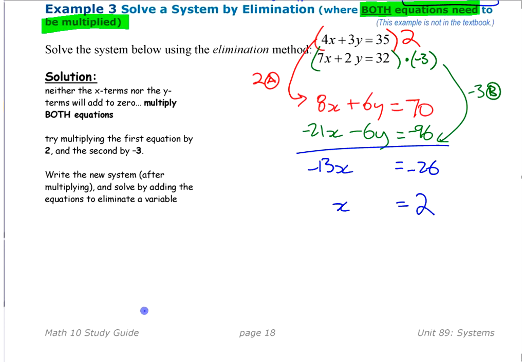And then if you take that and put it in one of those equations, like if you take whichever one you like better, 4x plus 3y equals 35. Take that and put it in there. Replace this thing with 2.